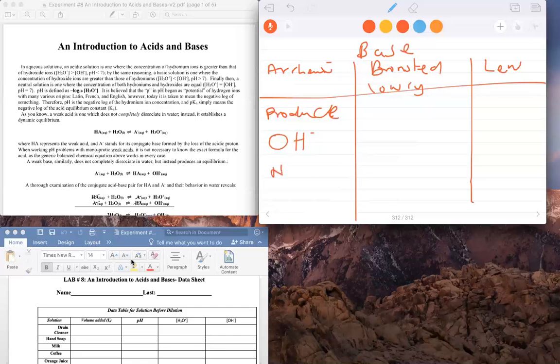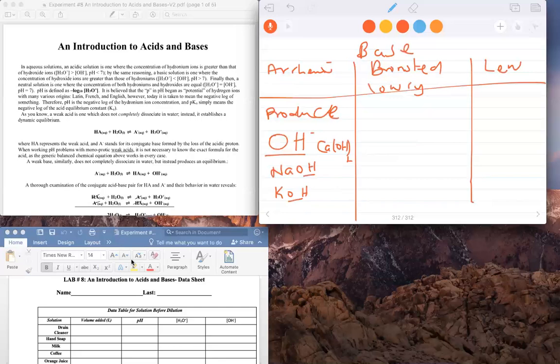For example, sodium hydroxide; this is an Arrhenius base. It has OH in the chemical formula. KOH has OH in its chemical formula. Calcium hydroxide, OH in their chemical formula. Anything that produces hydroxide, which is a polyatomic ion called hydroxide.